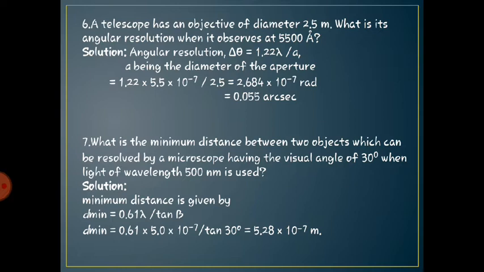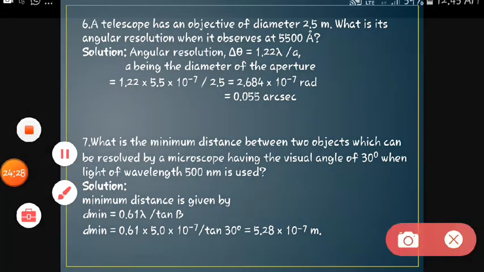The formula for minimum distance is given in the theoretical part. As we have seen, there are only sine and cosine angles over there, but as the angle is very small, we can write it in terms of tan. So the formula comes out to be d min equal to 0.61 lambda divided by tan beta.